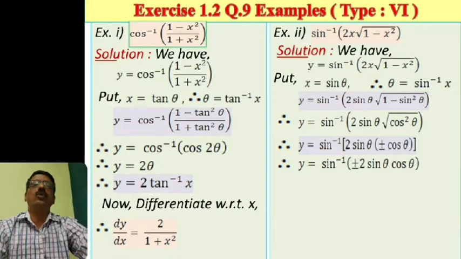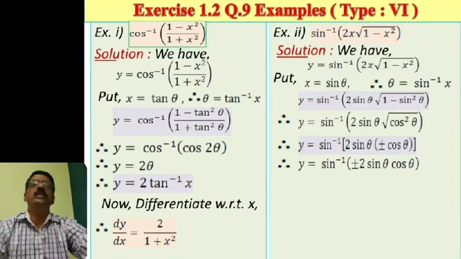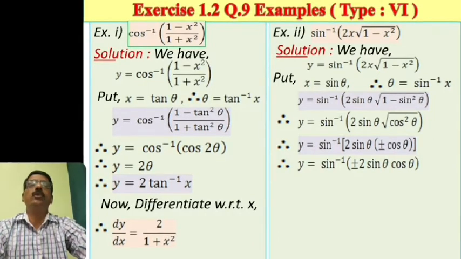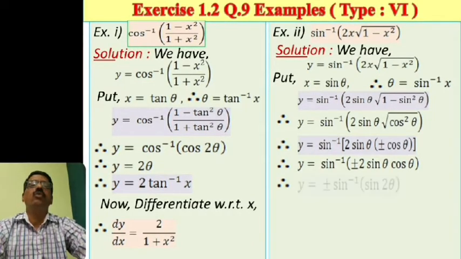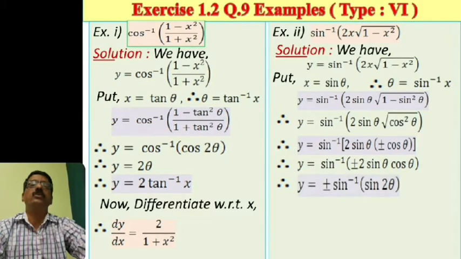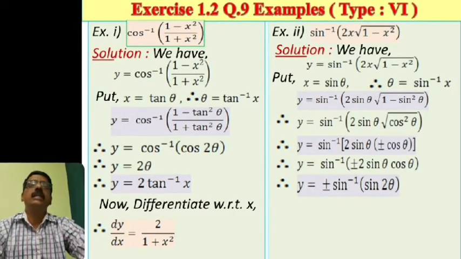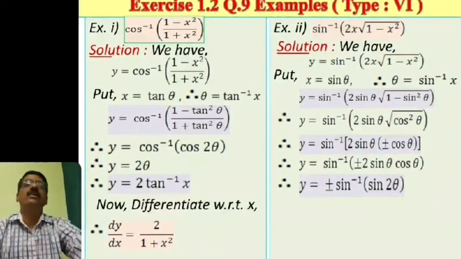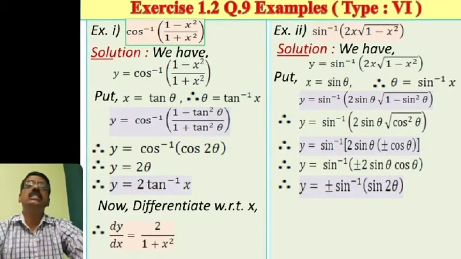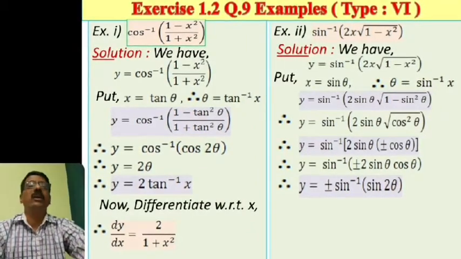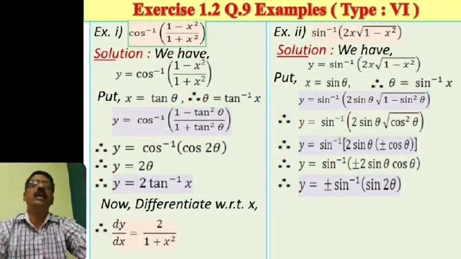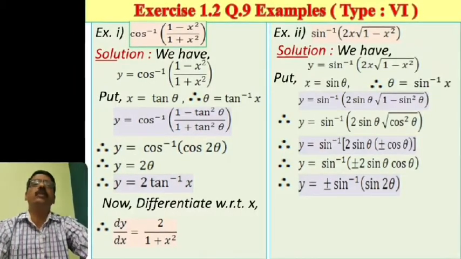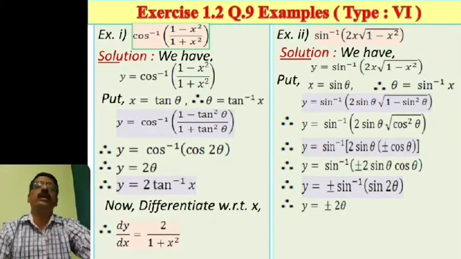Here 2 sin θ cos θ is nothing but the formula for sin of 2θ, and therefore the given function becomes y = plus or minus sin inverse of (sin 2θ), taking the plus or minus out of the bracket. This is the simple form of the given function. Here sin inverse and sin cancel, and only 2θ remains.